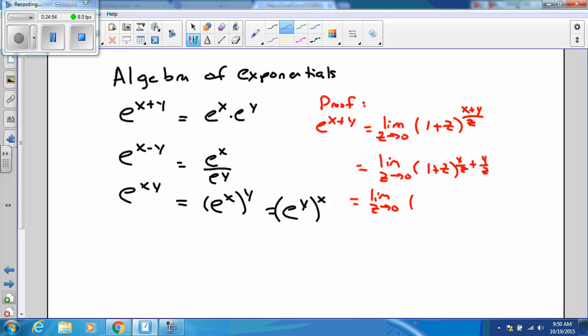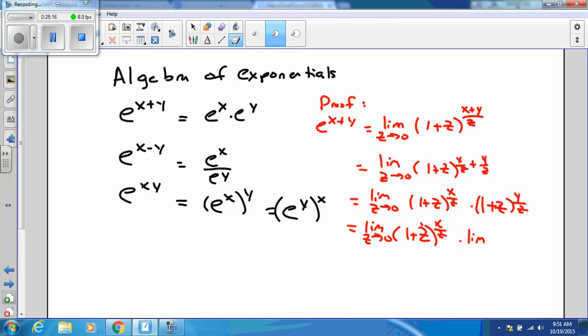And then appealing to the exponential property that we already have, this like so, and now use the product rule for limits. Now it's z.